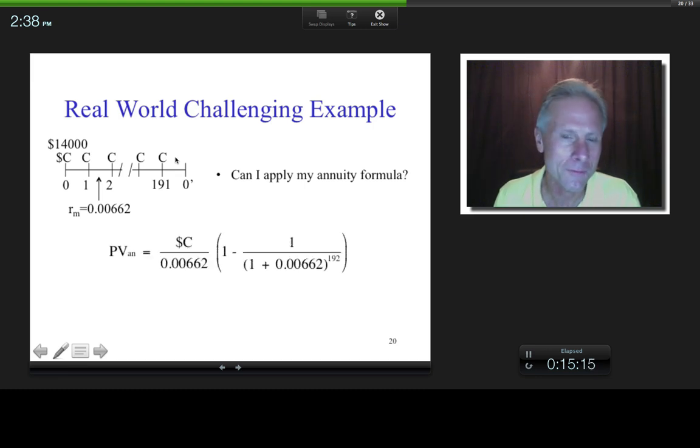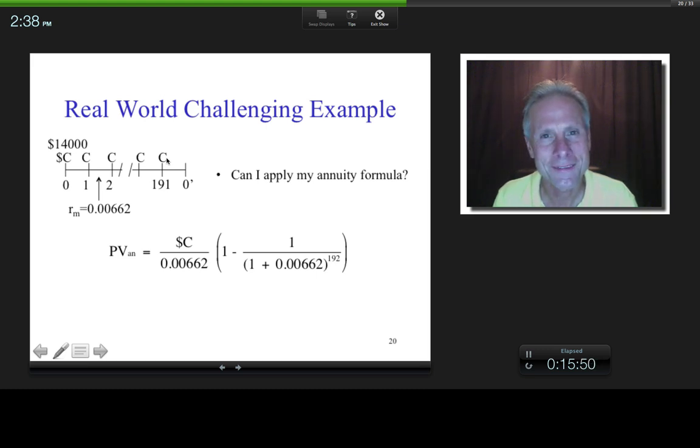So if you look at the annuity formula, again, this is something that we derived, then what is my C? That's what I'm trying to figure out. These are monthly periods, so what have I got here? An effective monthly rate. And how many of these guys are there? Well, I begin with 0, and I end with 191. So how many of these C's are there?